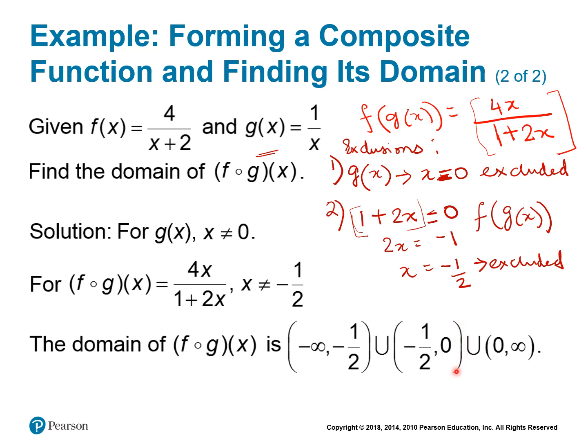So again, a round bracket next to 0, upturned U, so union, and then from 0 onwards all the way to infinity, any value can be in the domain of the newly formed composite function.